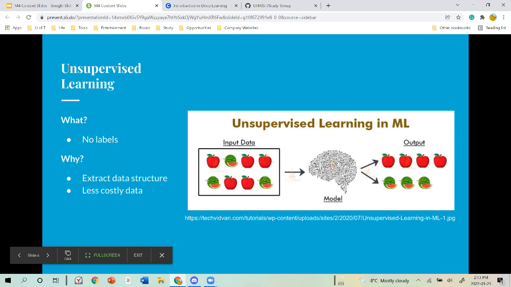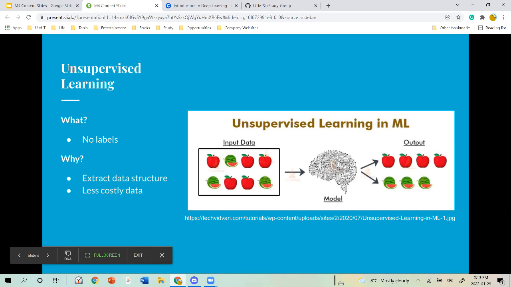First, unsupervised learning can extract the structure of the data, which can be pretty useful sometimes. Like in this example, you're doing some clustering, so you can cluster similar data together and distinguish that these apples look similar and these watermelons look similar. So, as mentioned here, you extract the structure of the data.